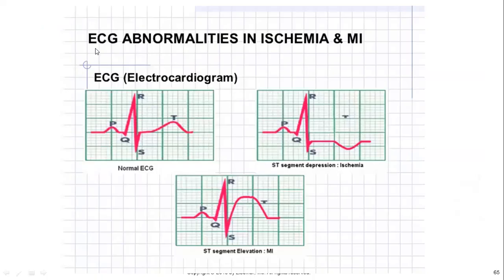Here you see a normal EKG: P, Q, RS complex, ST segment is horizontal, T-wave is a positive deflection.